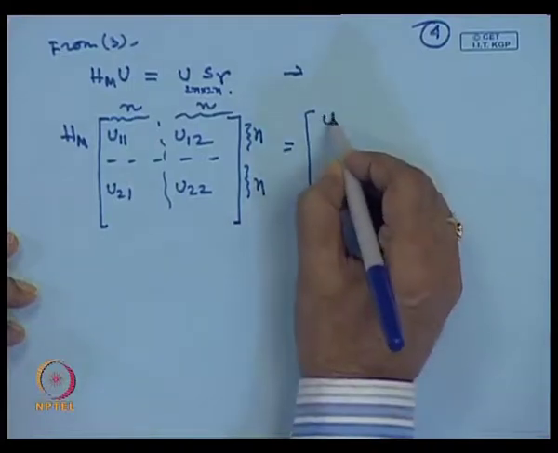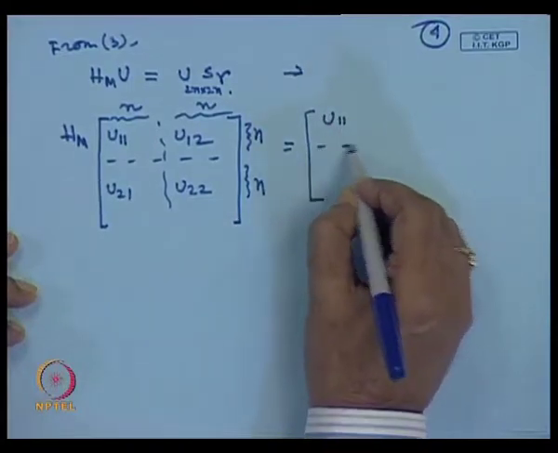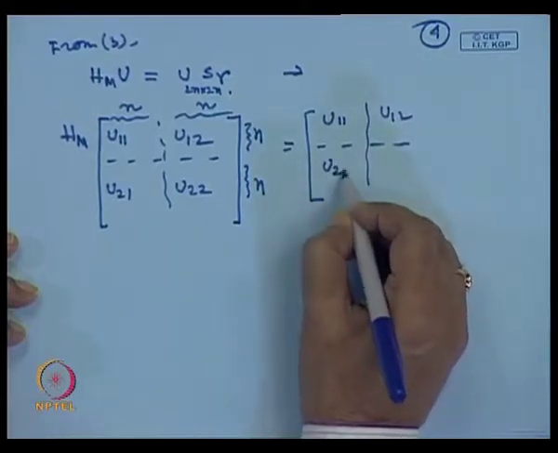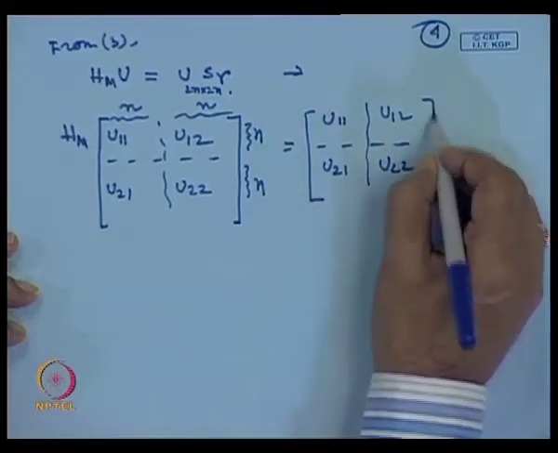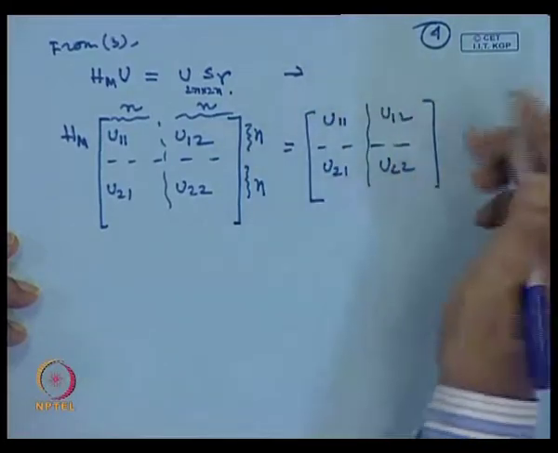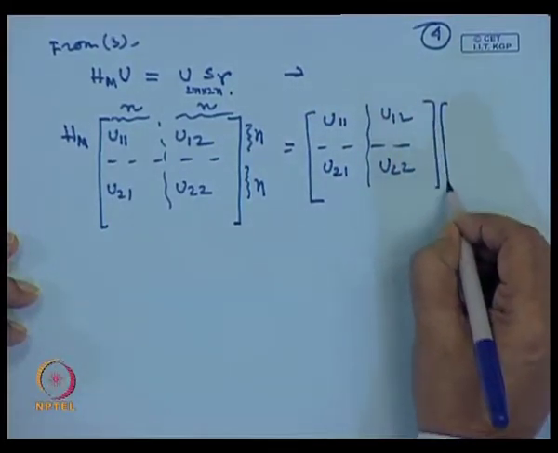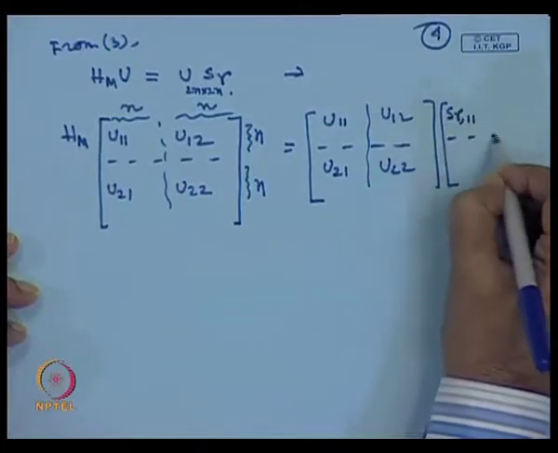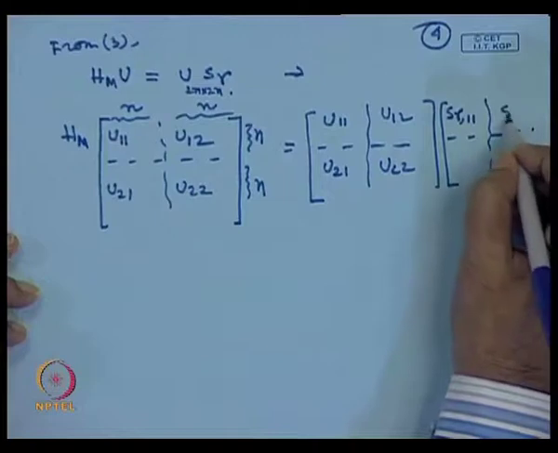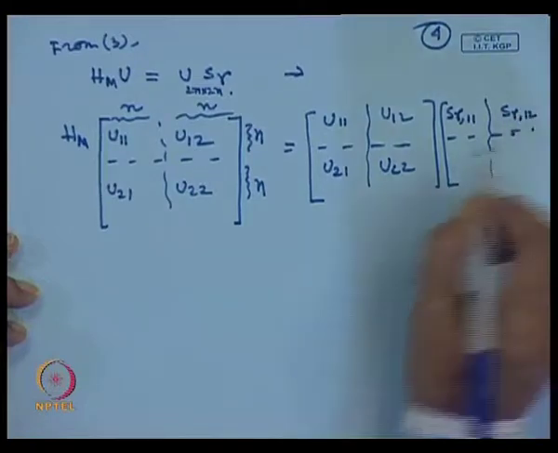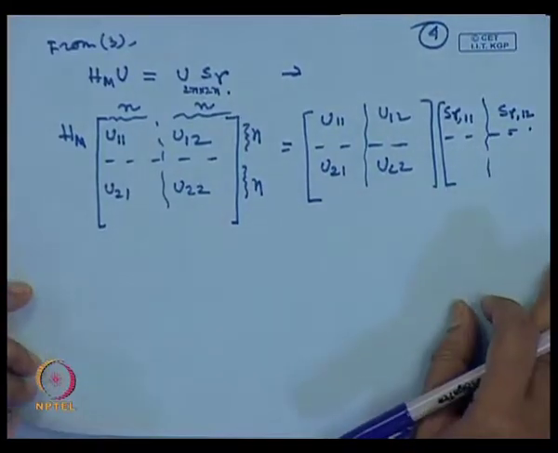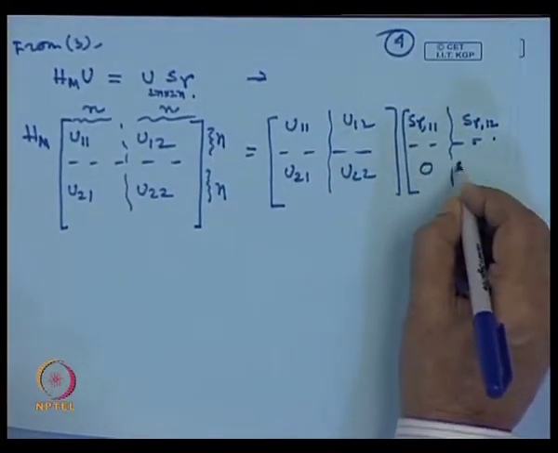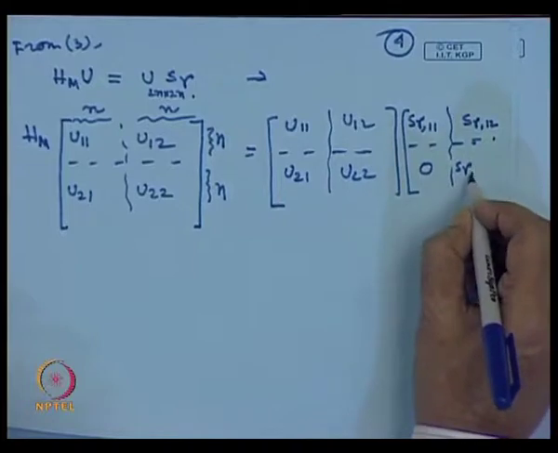Then U 11, U 12, U 21, U 22. Similarly, if you partition in this way, you can know the dimensions. And SR dimension is what? SR 11, SR 12, then 0, SR 22.